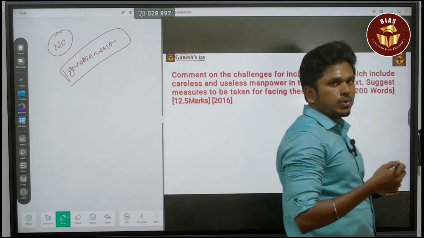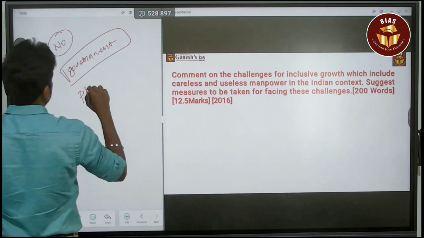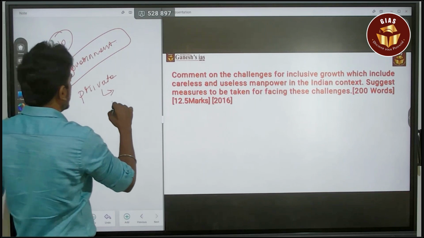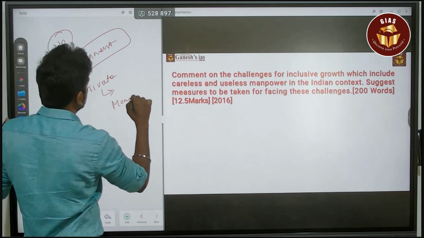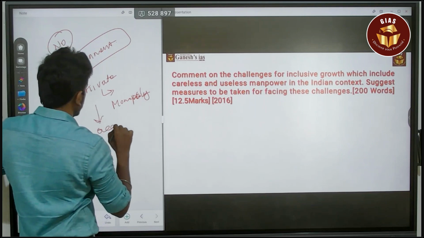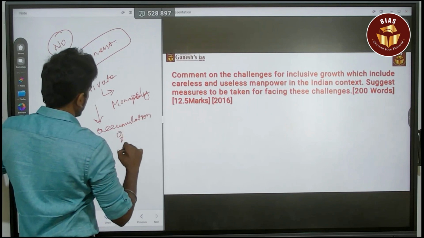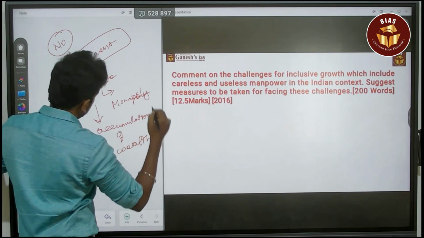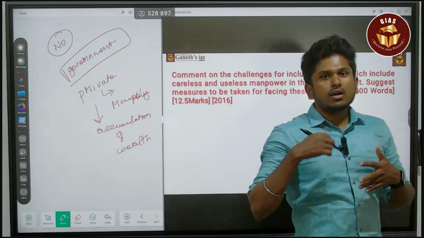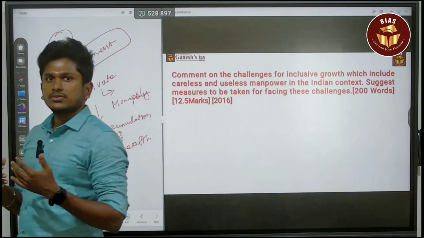Government interaction with the people is low, or else the private sector has a dominant role and is trying to be a monopoly, with accumulation of wealth. When it comes to government, they are not focusing on the welfare of the people or inclusive growth. That is also a factor.